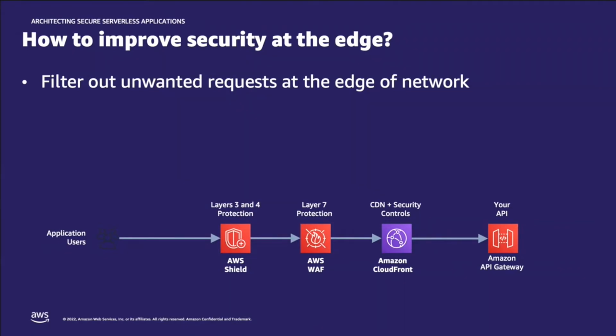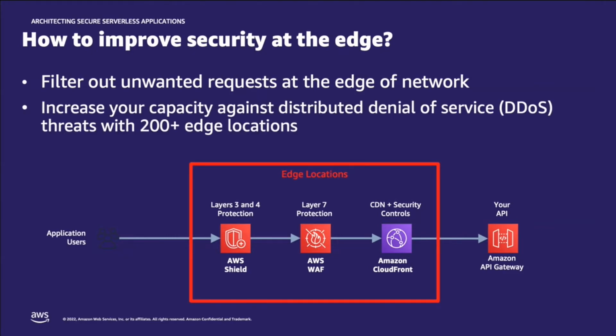There are things built out of the box, right? So you can leverage this service to provide protection with the hundreds of edge locations we have today, just to protect the API Gateway.